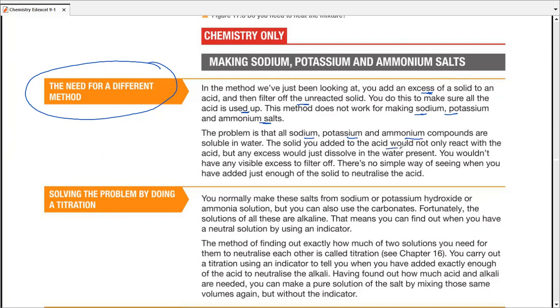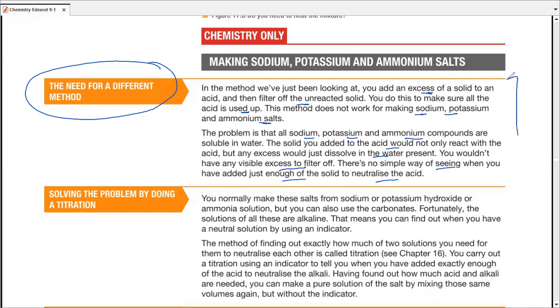Again, they're going to pass through the filter paper. The solid you added to the acid would react with the acid, but any excess would just dissolve in the water present, and that would easily pass through the filter paper, and you have no way of seeing it with the naked eye, so you won't know how much to add just to neutralize the acid.